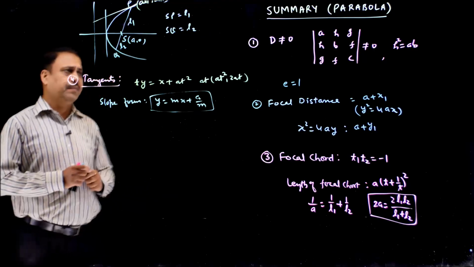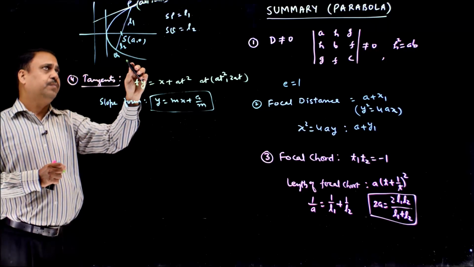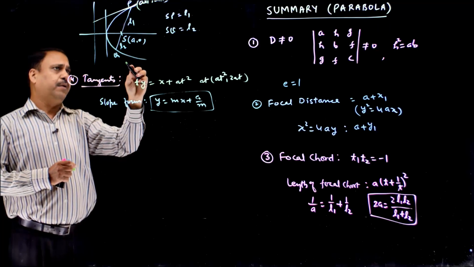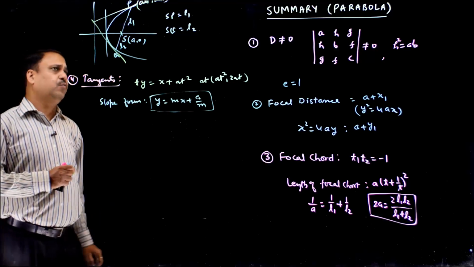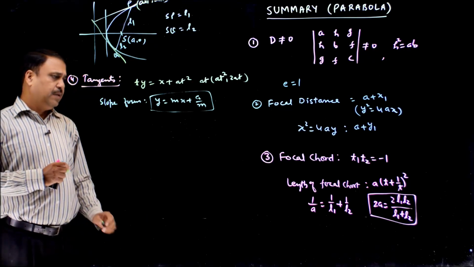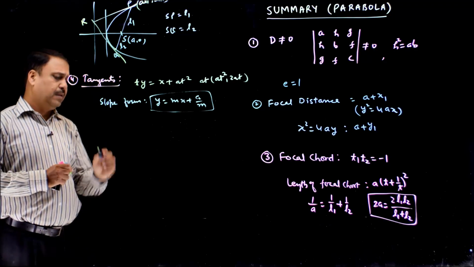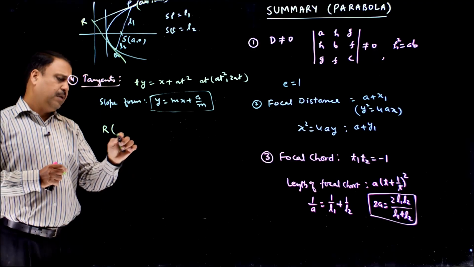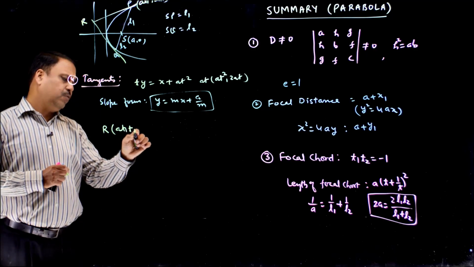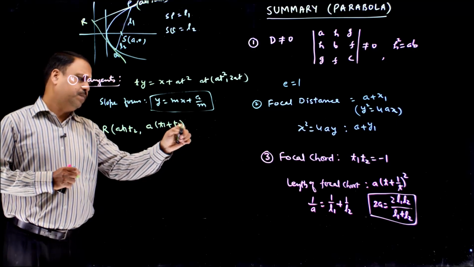Now suppose I draw tangents at two points P and Q. Then this point of intersection R is (a t1 t2, a(t1 plus t2)).